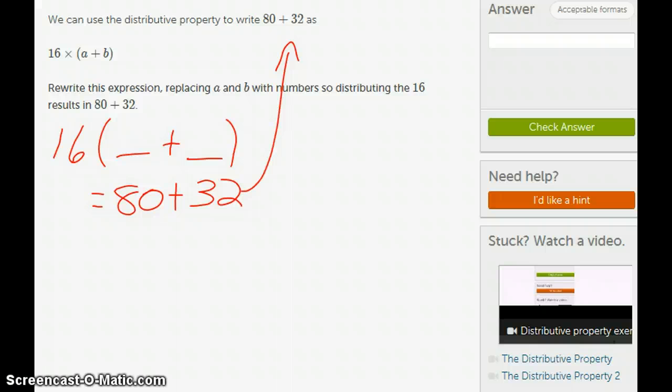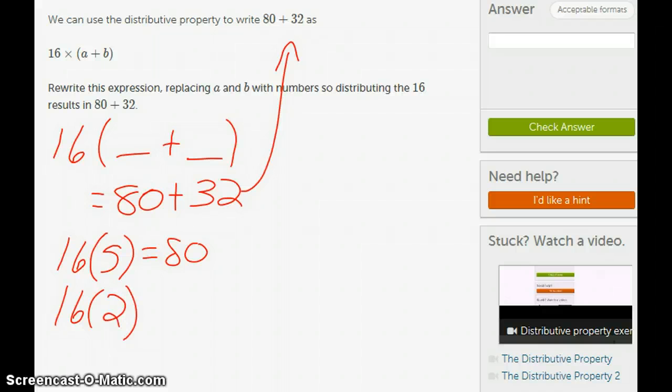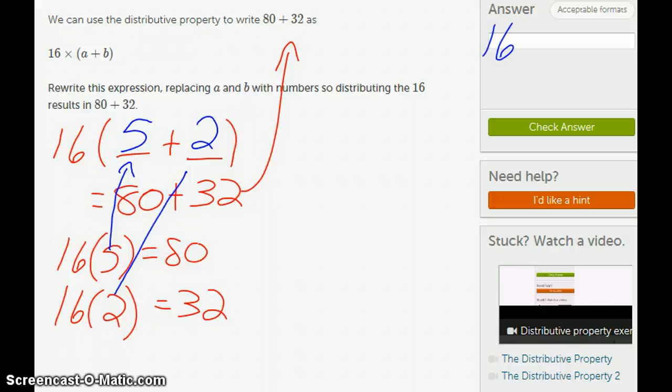So 16 times 5 equals 80, and 16 times 2 is equal to 32. So from that I know this has to be 5, and here is going to be 2. So my answer over here will be 16 times 5 plus 2.